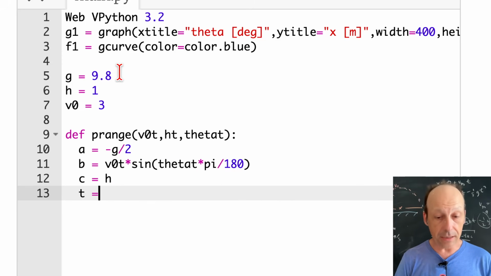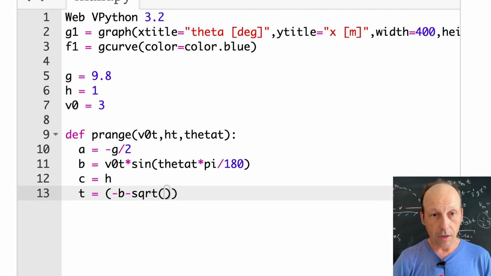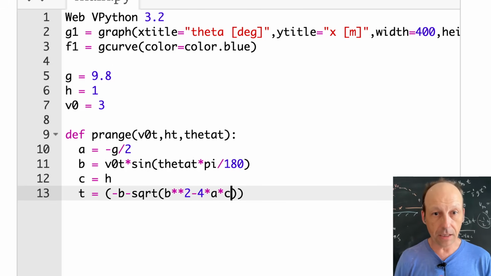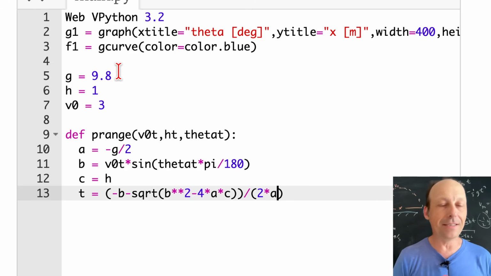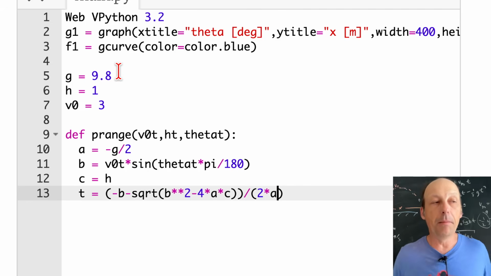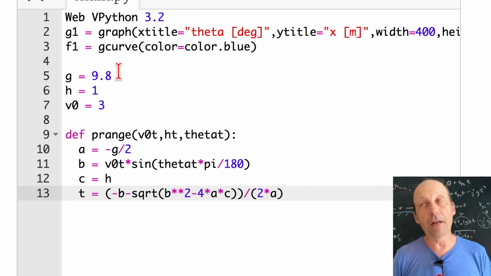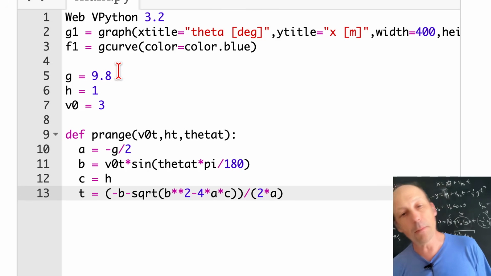So t is, now I'm just plugging in the quadratic equation. It's negative b minus the square root of b squared minus 4 times a times c, all of that divided by 2 times a. I just like to make these secondary variables a, b, and c because in my mind it's permanently the quadratic equation: negative b plus or minus square root of b squared minus 4ac over 2a.